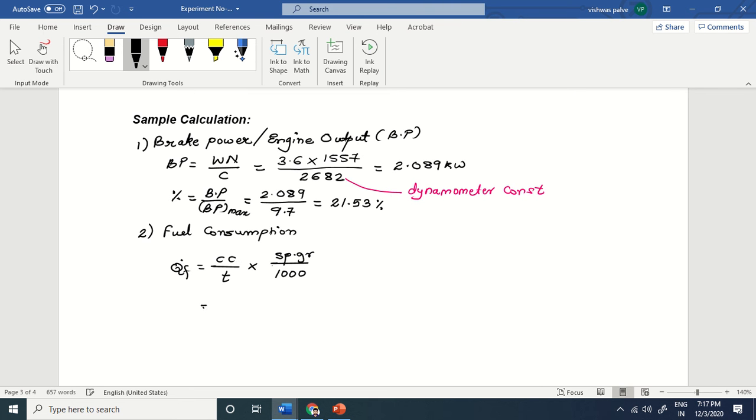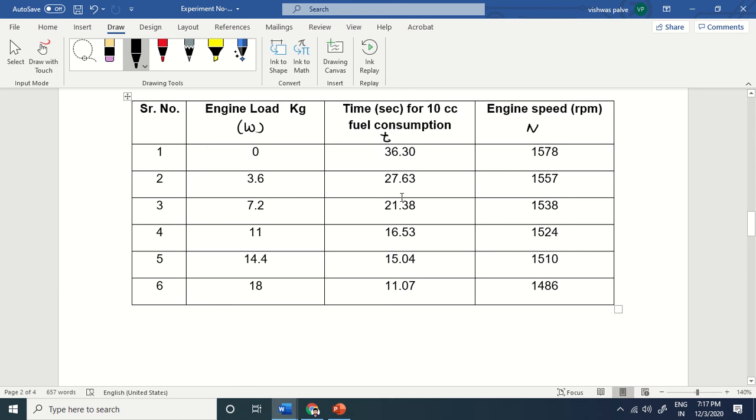Here we have measured 10 cc, and the time consumed is 27.63.